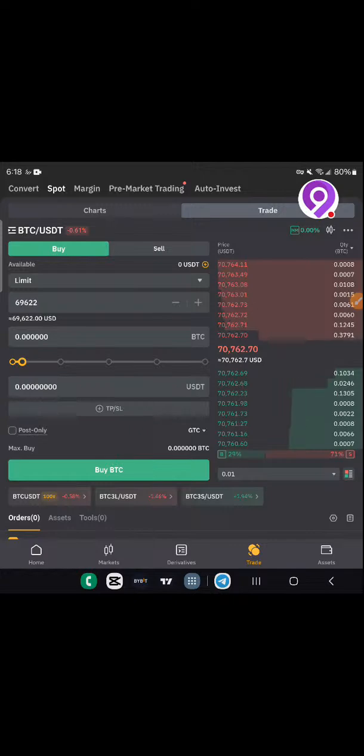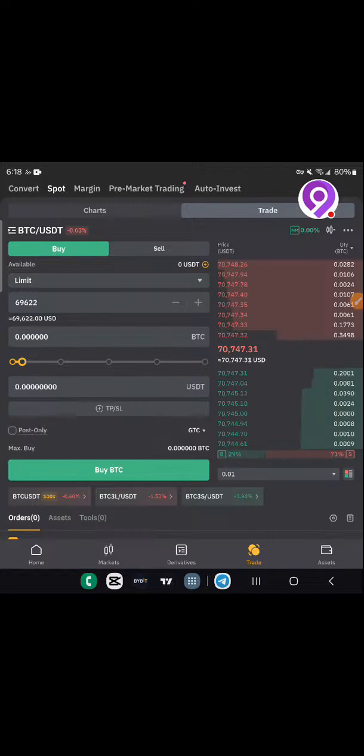Now, immediately you click on buy, it will not purchase the coin for you instantly. Okay, it will set the price to 69,622. After that, whenever Bitcoin gets to that price, the buy order will trigger. That's just the way it works, because you set the limit order.